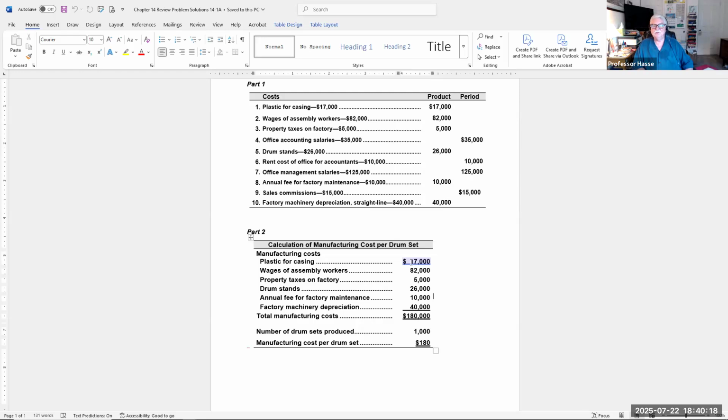Because when you're talking variable and fixed costs, you're looking at contribution margins, and that's what chapter 18 is all about, cost-volume analysis. But forget that for now. This is a perfect example of determining costs of product and period, and what it costs us to produce one drum.